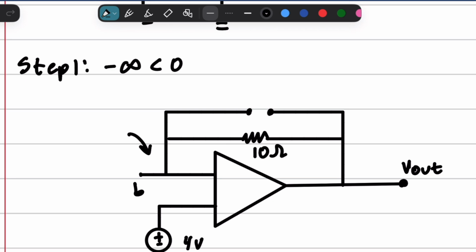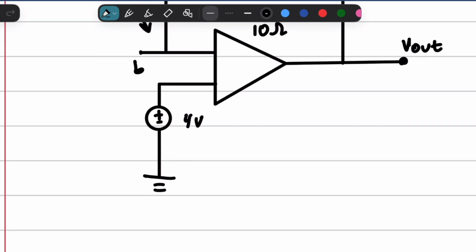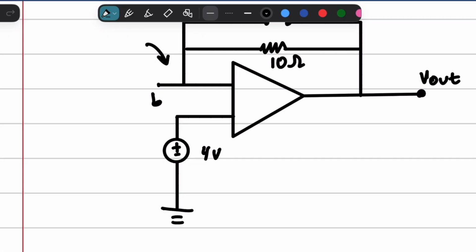It's just an open circuit. Now, we are going to perform a nodal analysis, and remember, in an op-amp, this is a separate node and this is a separate node, but they share the same voltage, and this one is being forced with 4 volts. So it's only logical that this branch will have 4 volts.